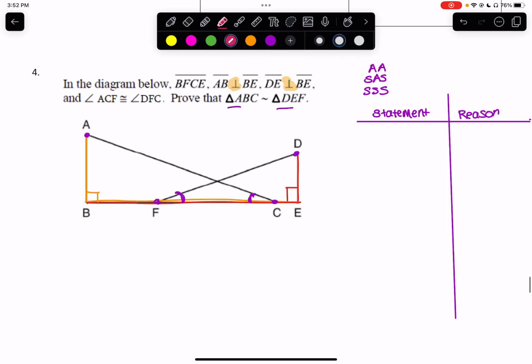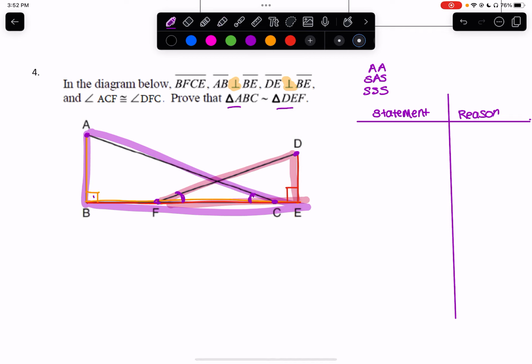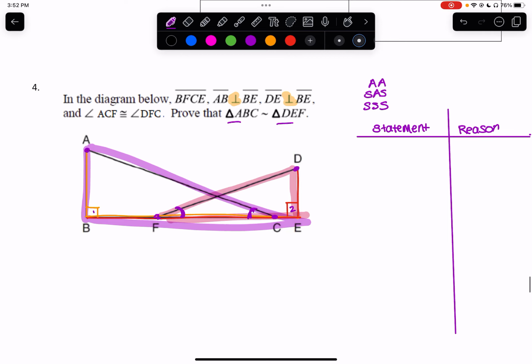If I look at my highlighted triangles, here's one, and here's the other. I have one pair of congruent angles as well as the one that was given to me. So in total I have two, so I have enough to prove using AA. So let me write out my given statements.